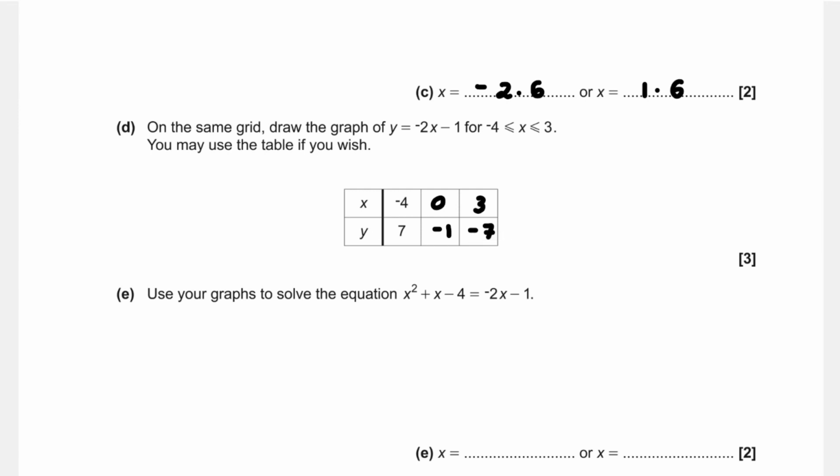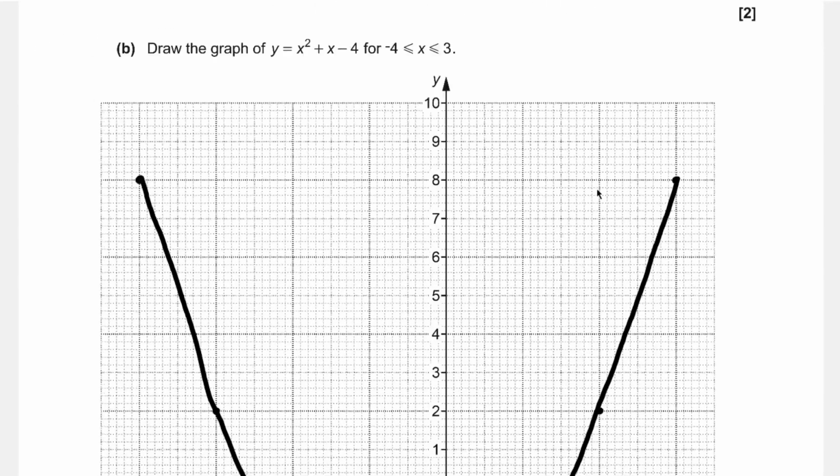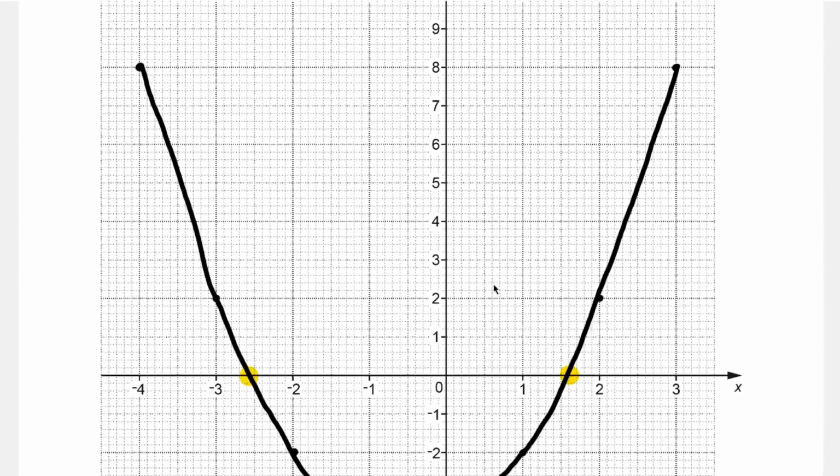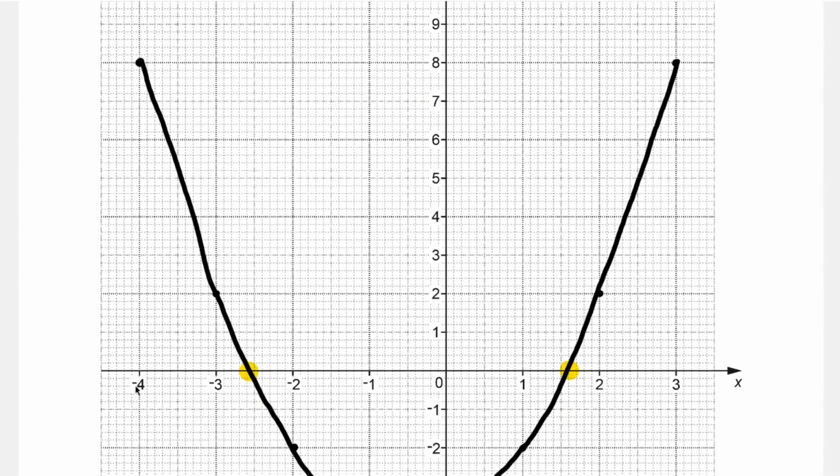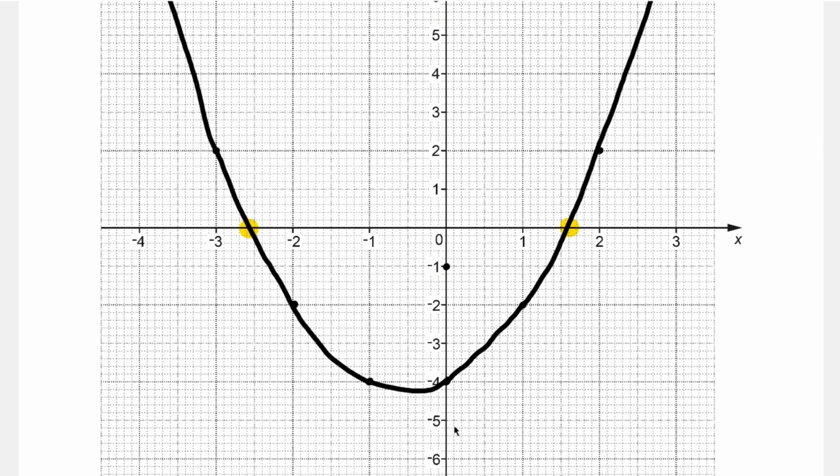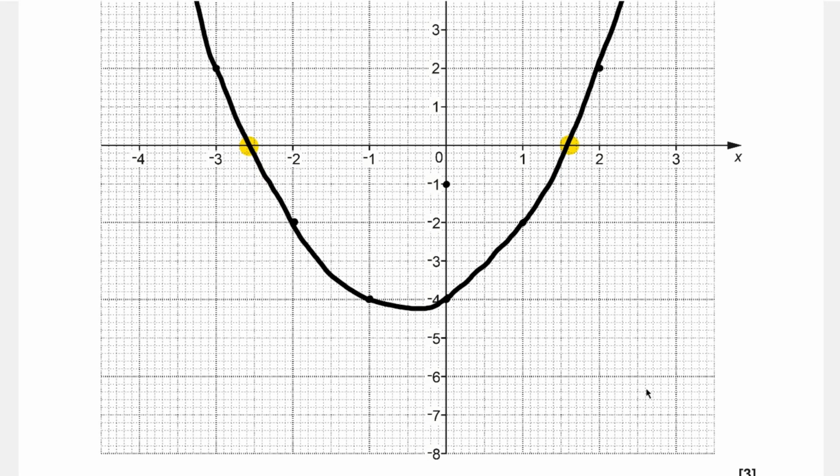So we need to plot those points. So I've got -4, 7. That's here. Then I've got 0, -1. That's here. And then I've got 3, -7.